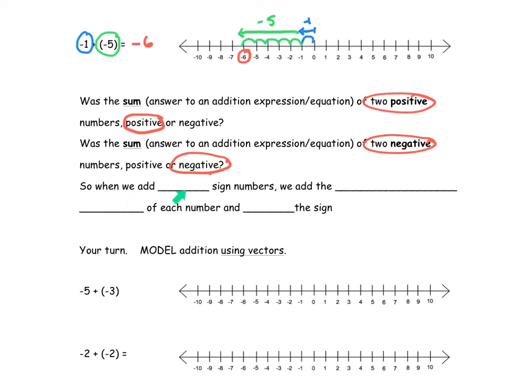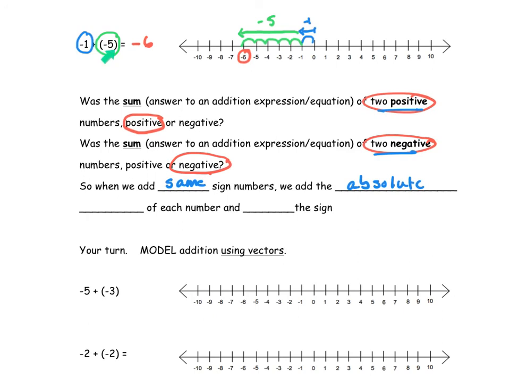So when we add blank sign numbers, we add the blank blank of each number and blank the sign. So if we go back and look, we've been adding same sign numbers. So this is going to say same sign. We either added 2 positives or 2 negatives. And what ended up happening is we added the absolute value, meaning if I look at this number, it's like adding 1 and 5.